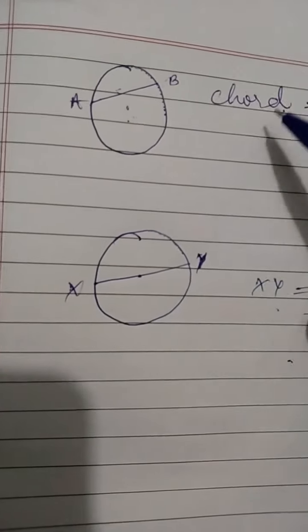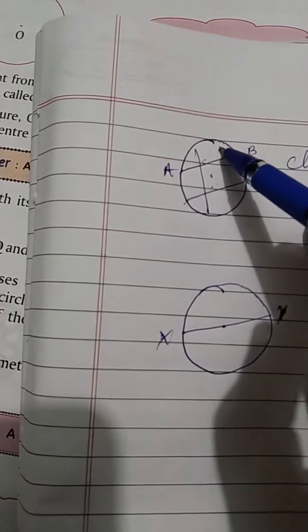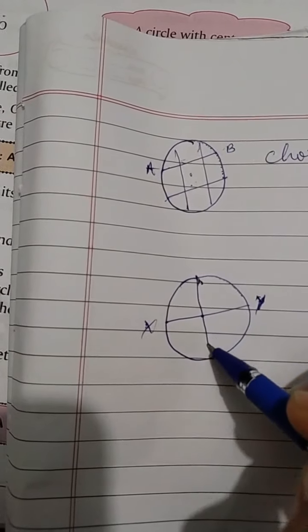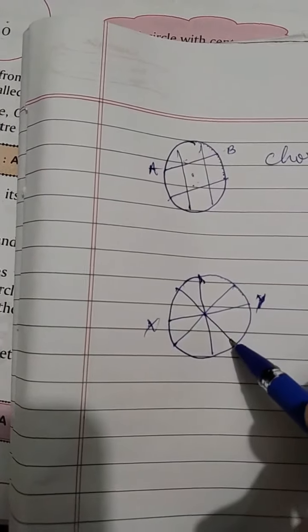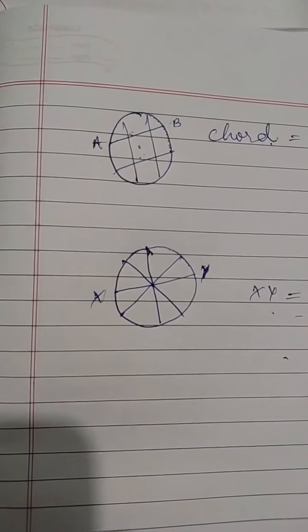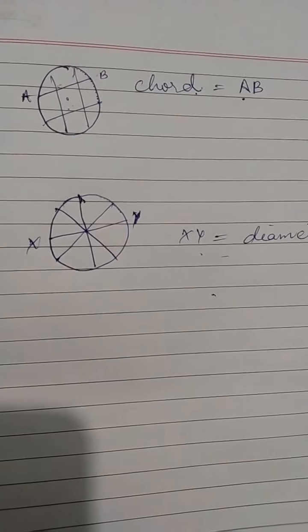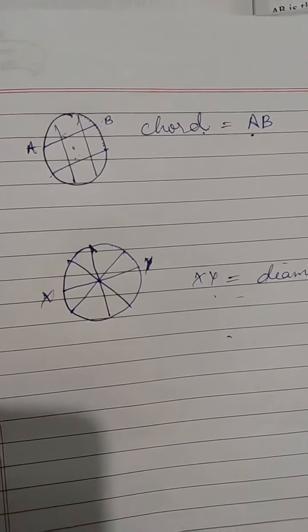A line which is not passing through the center point is called a chord, and a line passing through the center point, from anywhere on the circle but through the center point, is called the diameter, right? Diameters are also infinite. We can draw an infinite number of diameters in a circle.